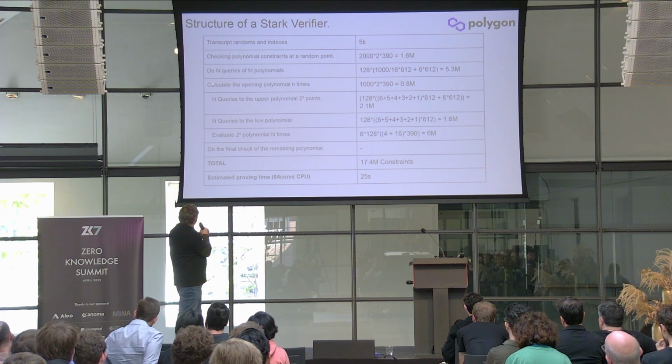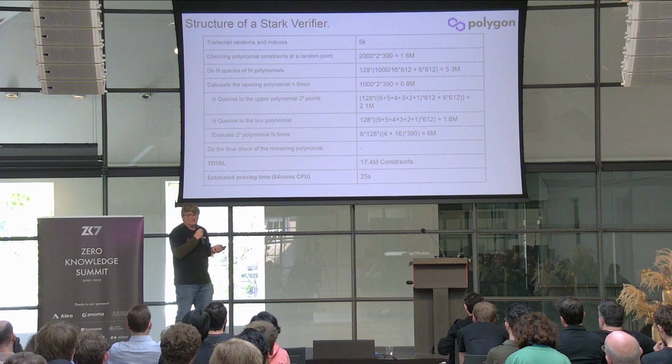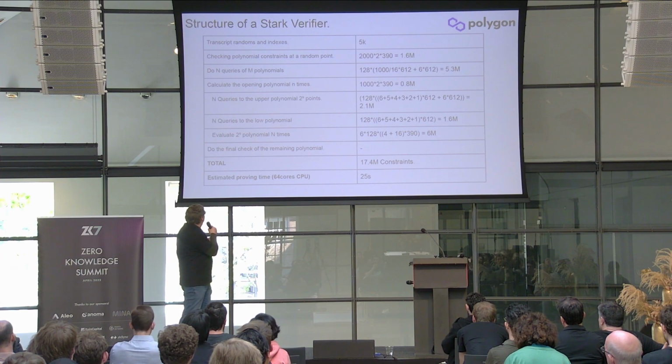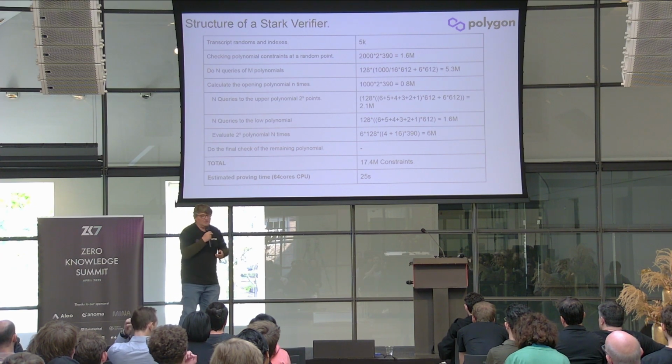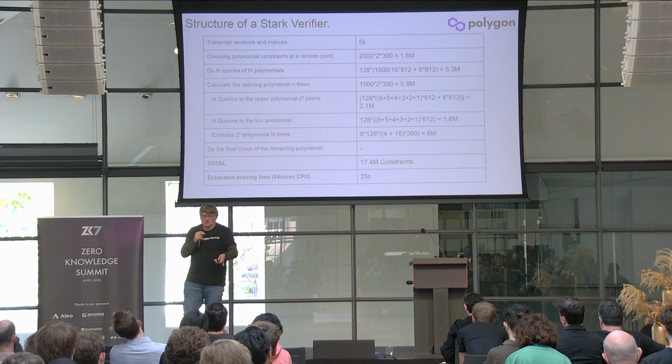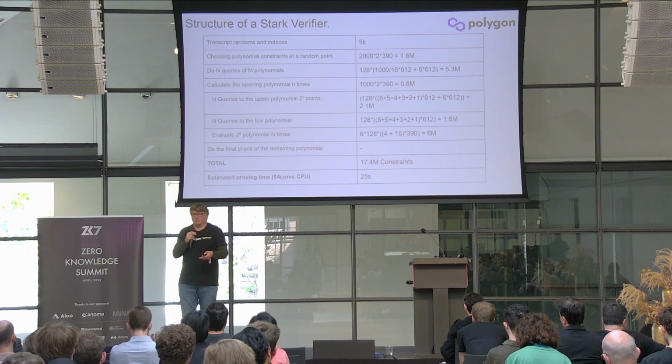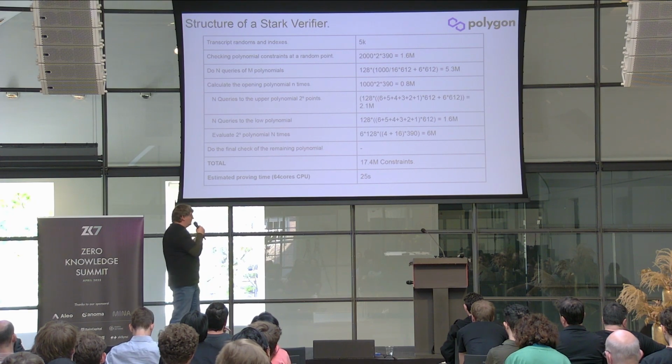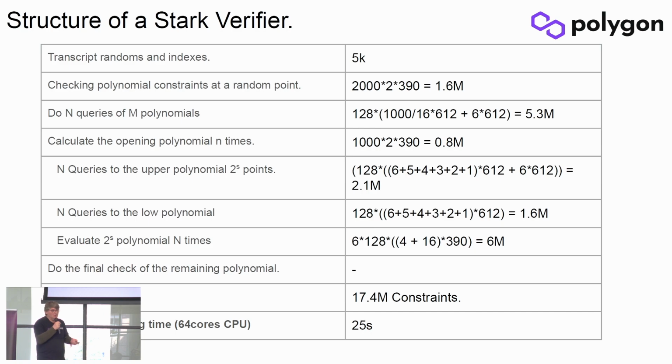So the next step, and you see an end here, in this case we need to do this for each query. The next step is we need to check the evaluations, that the openings are correct, and we need to evaluate this opening protocol.